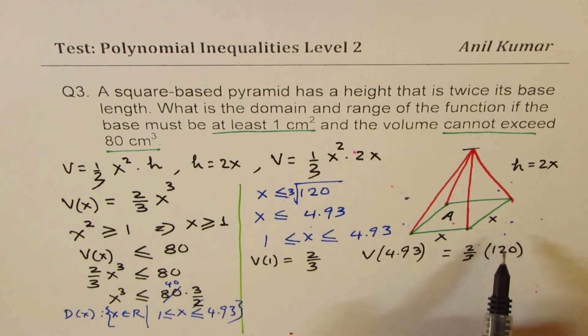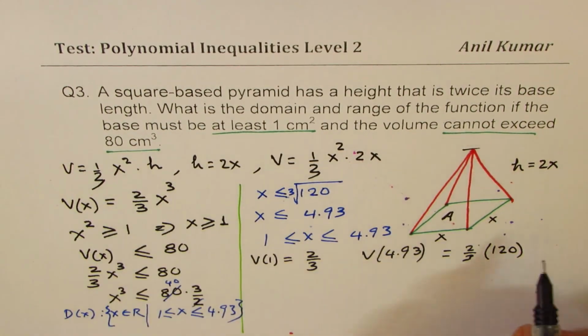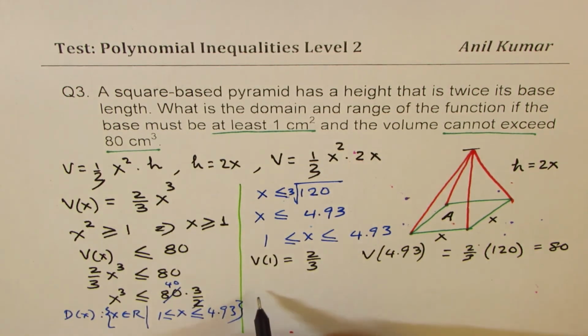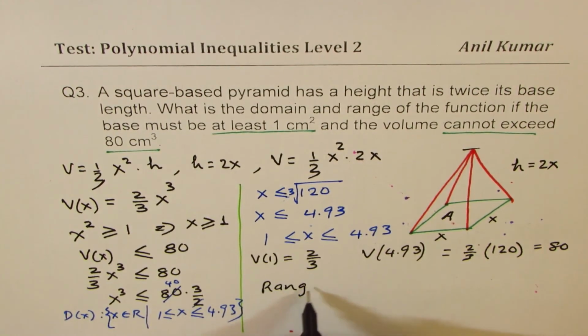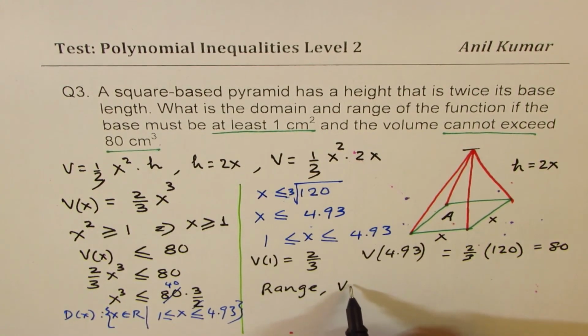We know that the maximum volume is 80, so you'll get 80 here. Is it okay? So that is how you get the volume. The range is basically the volume for us.